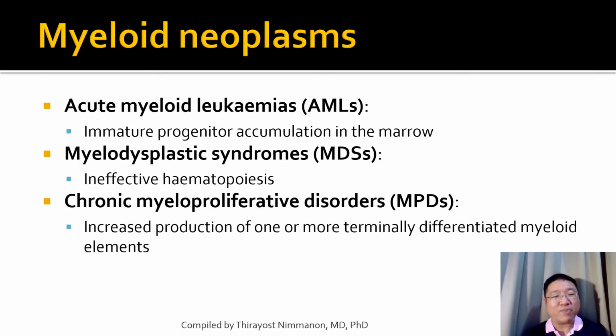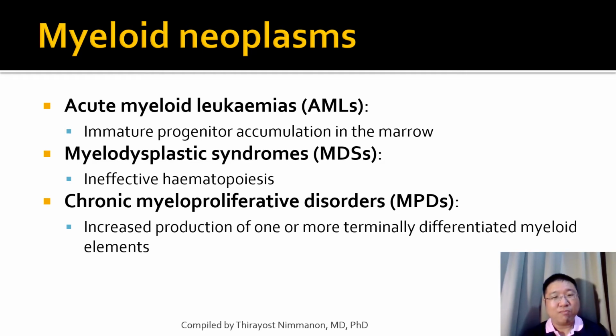For myelodysplastic syndrome, we will see the abnormal maturation. We will see dysplasia. We will see abnormal growth of the hematopoietic cells. So you will see abnormal cells, ugly cells within the bone marrow.